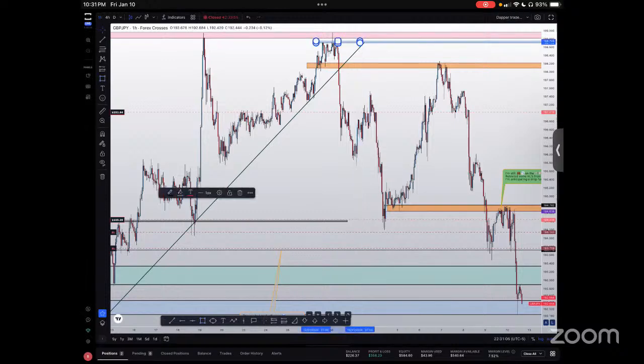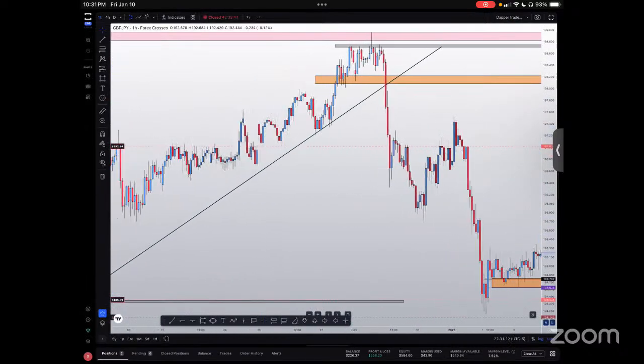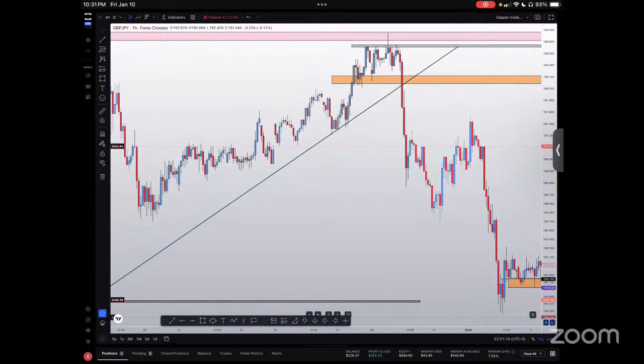The gray zone shows me what? Resistance. There you go. How many times? Count it out. One, two, three, four, five, six, seven.